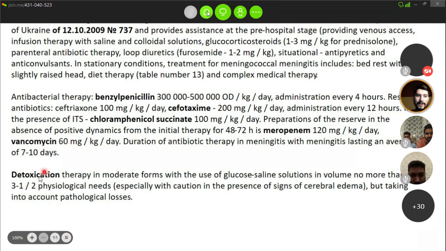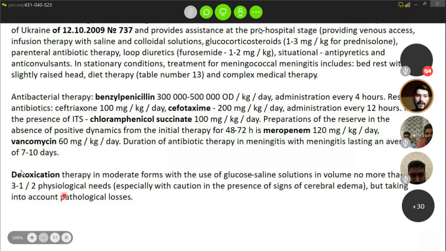The drug doesn't give a positive response. What do you mean by that? Resistant, of course, it's antibiotic resistance. That's why we would go for meropenem or vancomycin.